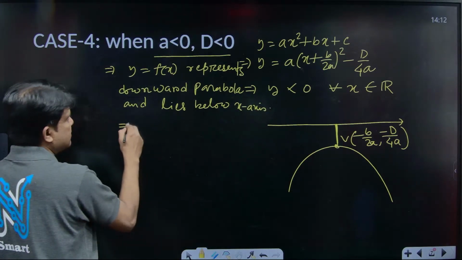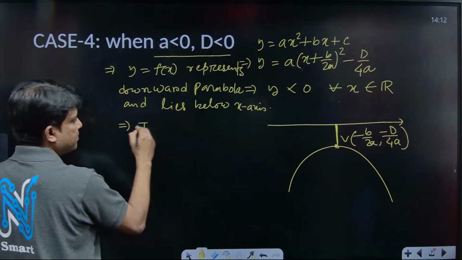That means in that case f(x) gives a maximum value.